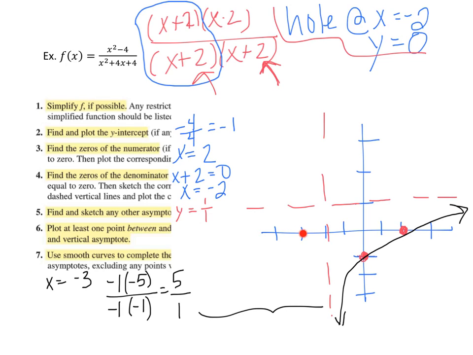So I know at x equals -3, I've got to go up to 5, which means my graph has to be on the upper side of these two asymptotes.